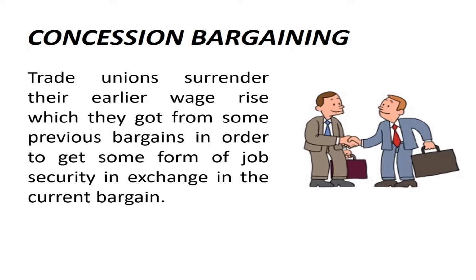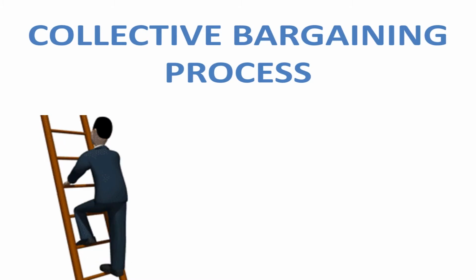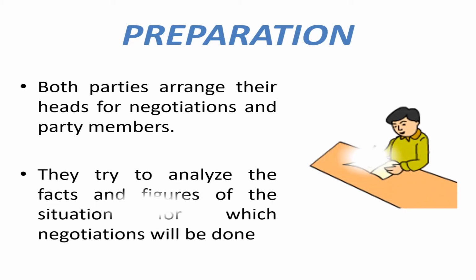Now let's discuss the process of collective bargaining. First step is preparation. In this step, both the parties arrange their heads for negotiations and party members. Also, they try to analyze the facts and figures of the situation for which negotiations will be done.